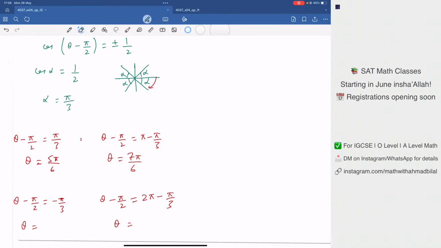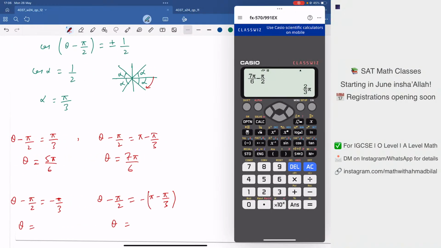And for the other one, that would be pi minus pi over 3, but in the negative direction. So that is going to be minus pi over 3 plus pi over 2. Let's do that first calculation. Minus pi divided by 3 plus pi divided by 2.